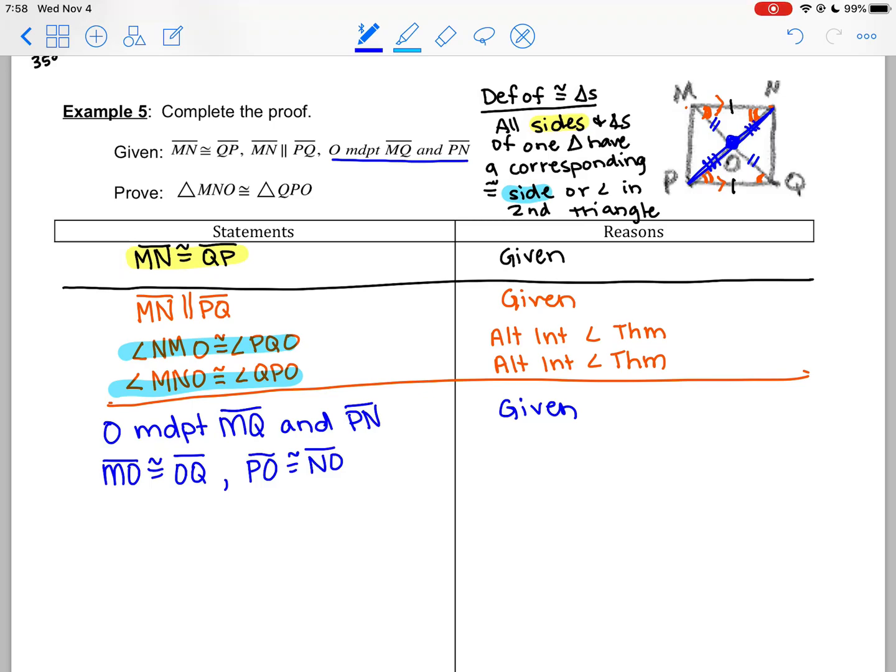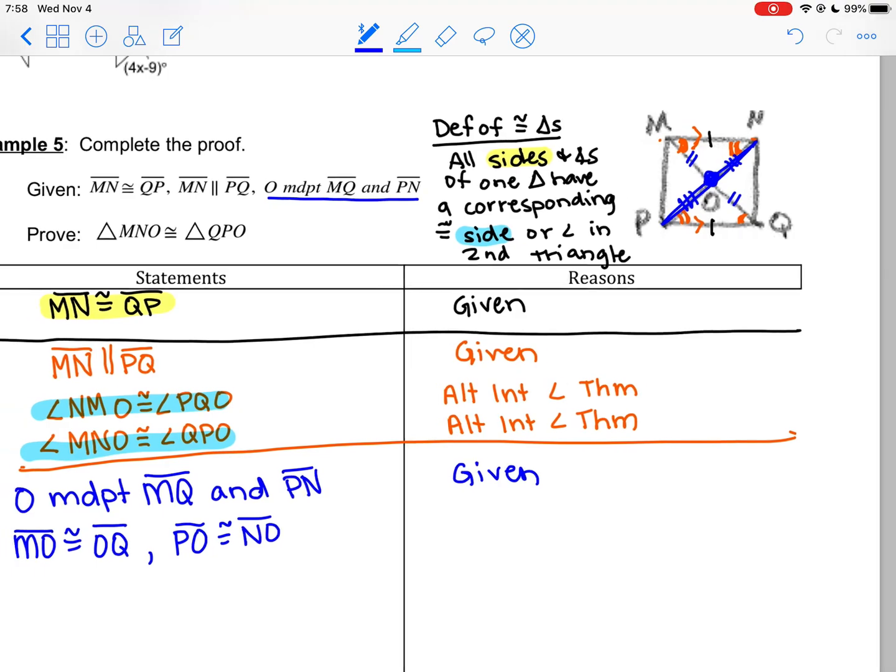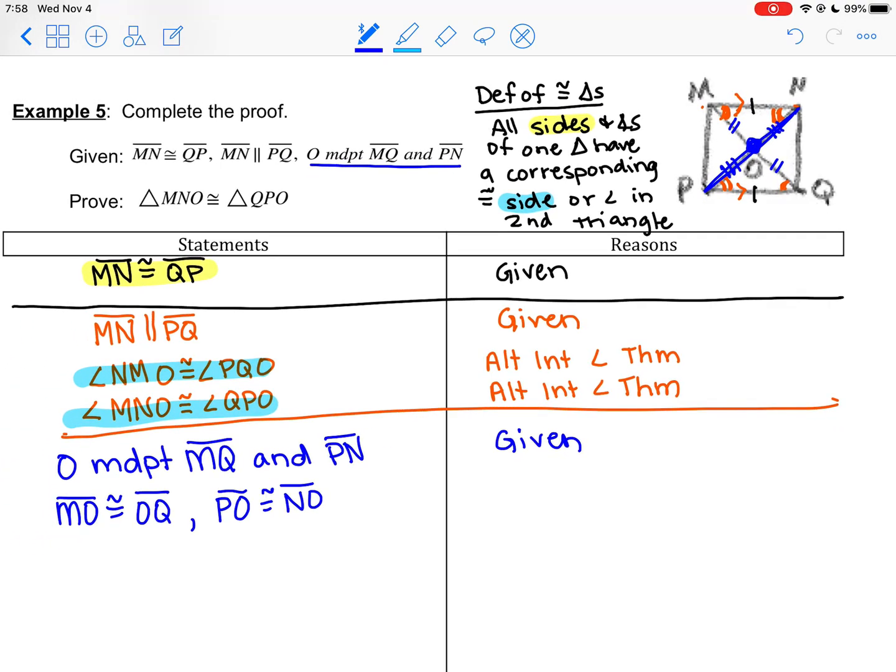And since there was already a side that was marked with one and a side that was marked with two, those will be marked with three markings. Both of those use the same reason, so I can put those on the same line. I could have done the same thing up here when I used alternate interior angles twice. So remember that if you split things up, it's just going to use more steps, and that's okay. But both of these used the definition of midpoint. So I could split those into two separate steps, or I can put them together.